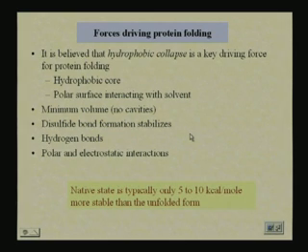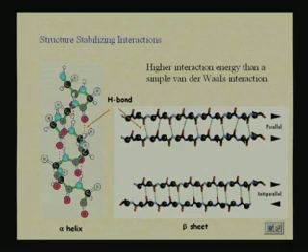Okay? Now, what we have now is what is called an unfolded form, that was the polypeptide chain, and we have a native folded form of the polypeptide chain.